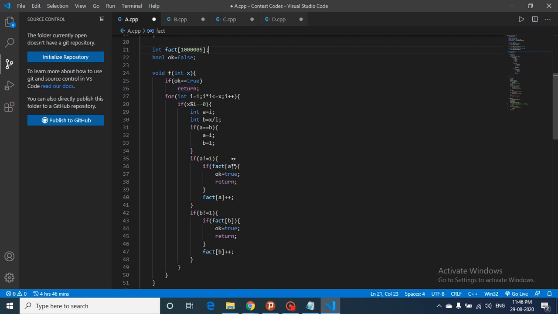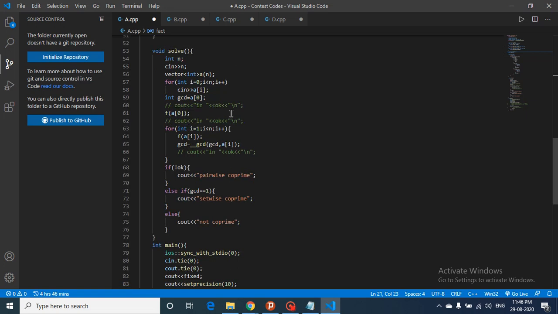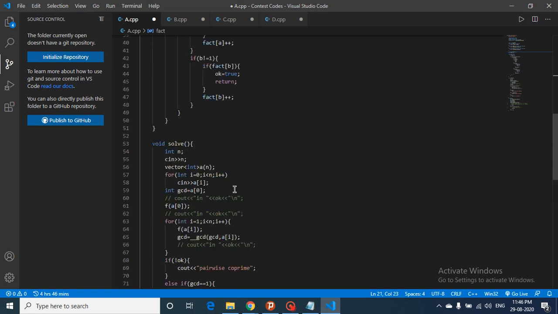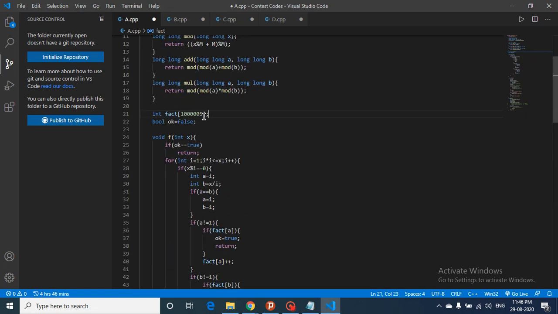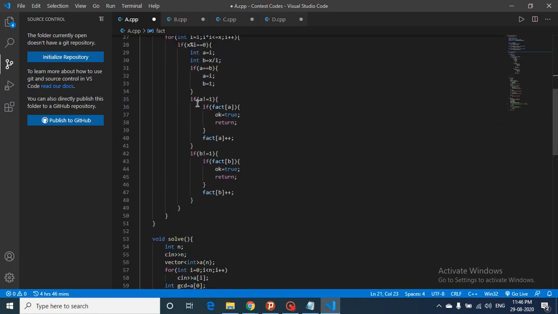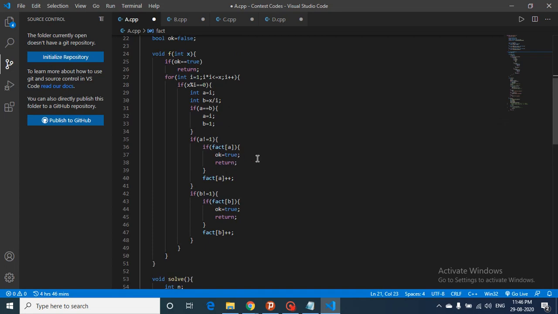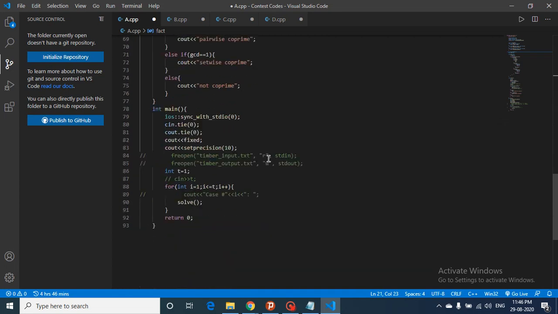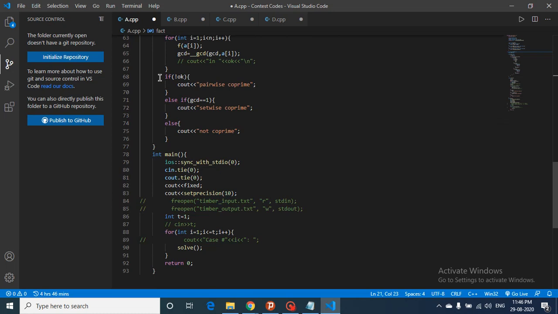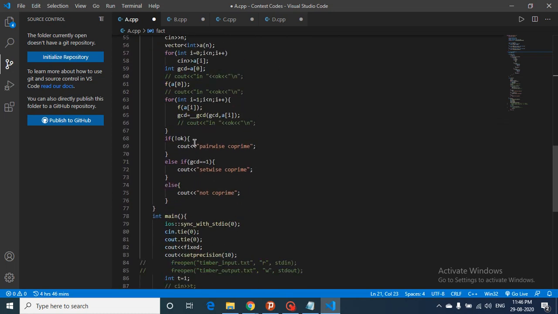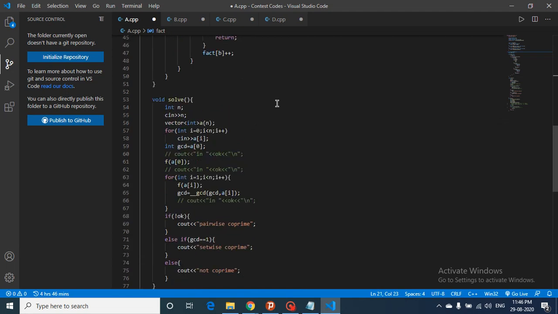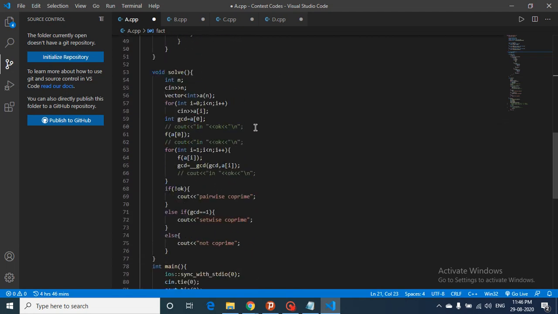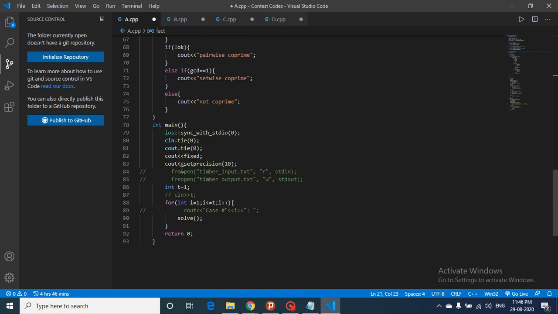In the end we just have to check that if this function doesn't make ok true, then it will be false. If it is false, we take the negation of false, which is true, which means it is pairwise coprime. If this function makes ok equal to true, then this cannot be pairwise coprime. It can be this or this.